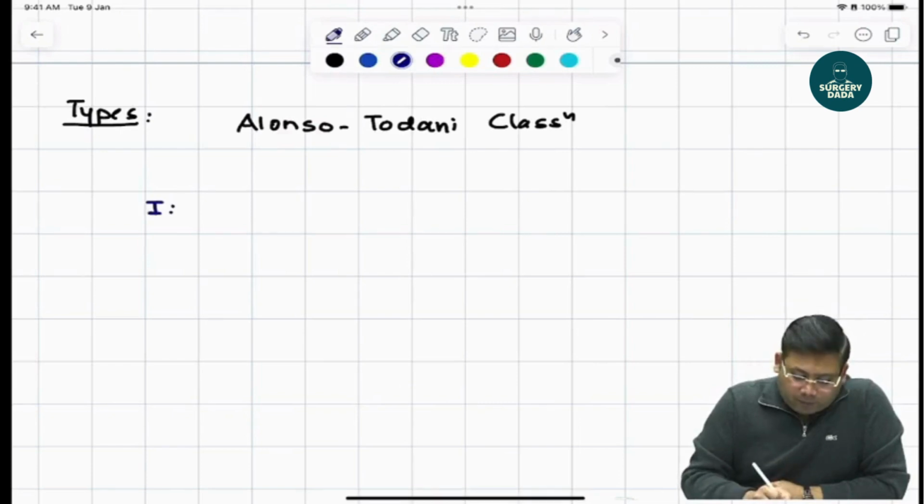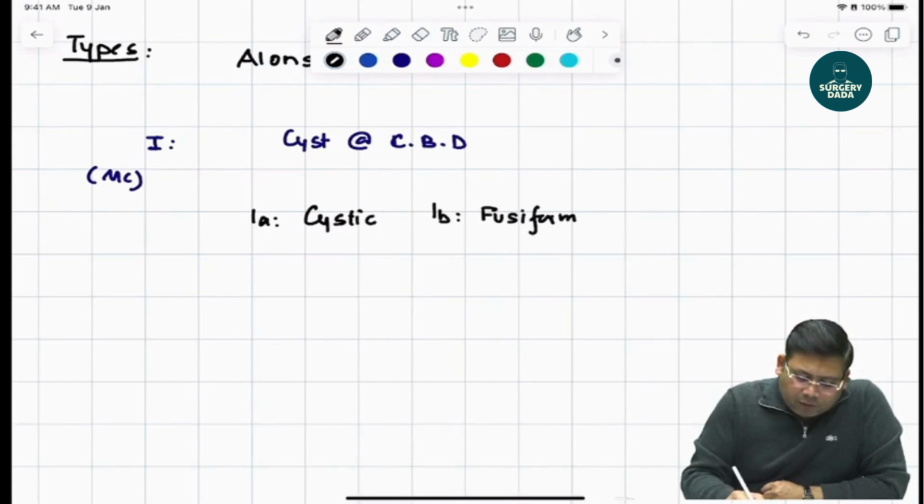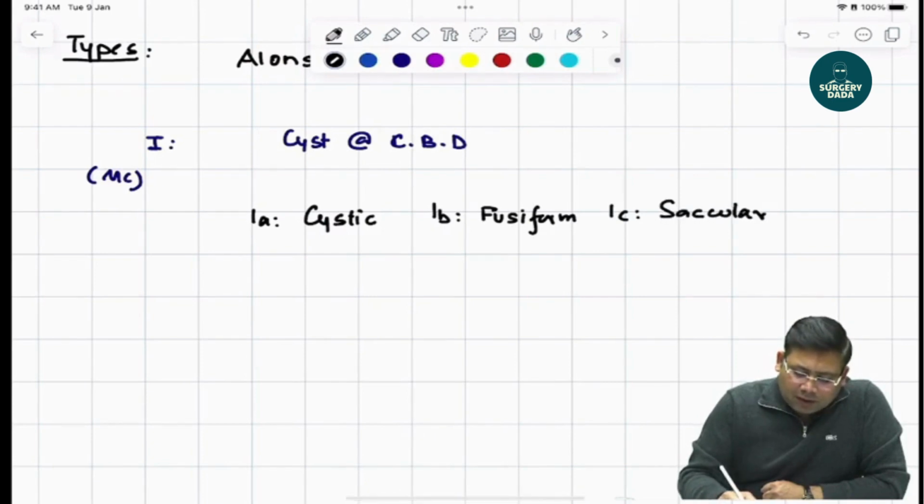The type 1 is in fact the most common type. It is the cyst along the common bile duct. Now we have 1A, which is considered to be cystic. We have 1B, which is considered to be fusiform, and 1C, which is considered to be what? Saccular.